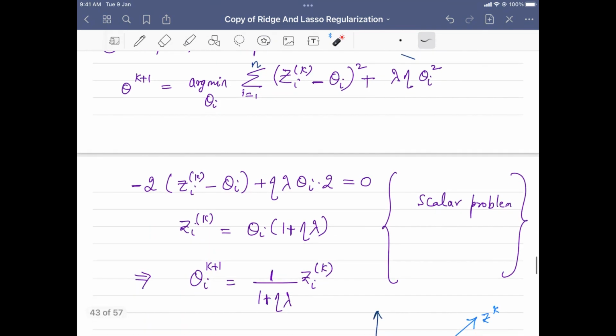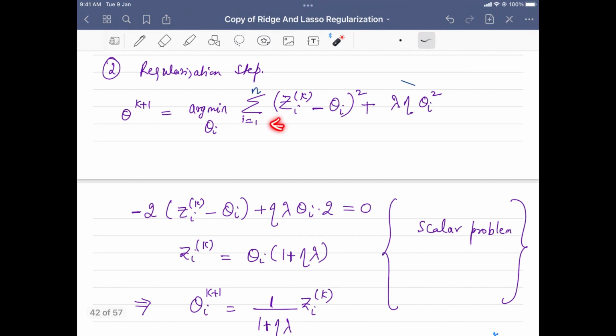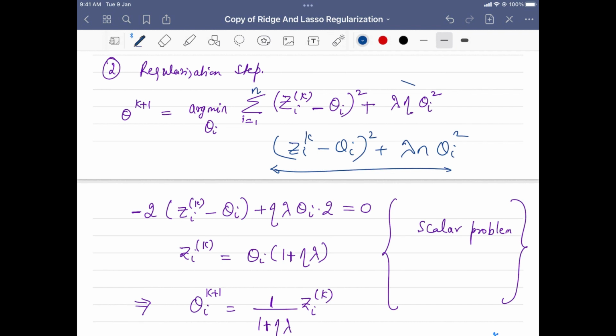So let us look at only a single ith component. If I take only zik minus theta i squared plus lambda eta theta i squared, and take the derivative of this expression with respect to theta i, then what will be the answer? The answer will be this.